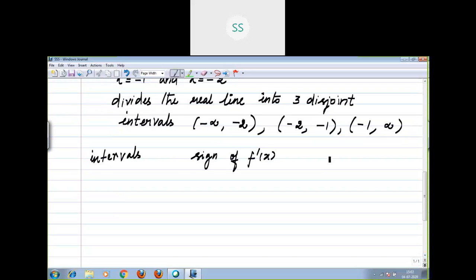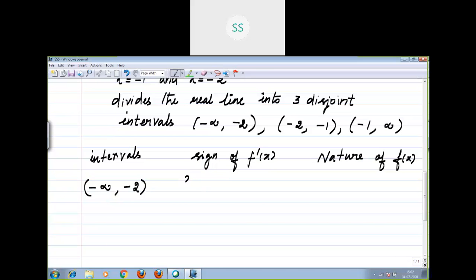Third is nature of f of x. First, minus infinity to minus 2. I told you, you have to select any value from the interval, then go and substitute in your derivative, right? What is your derivative? If you want, you can write it here and check.